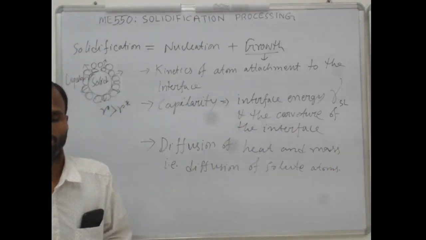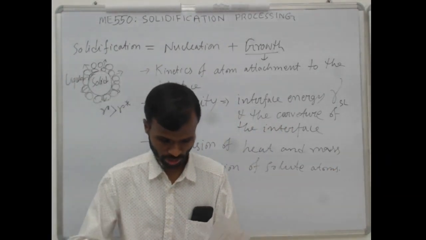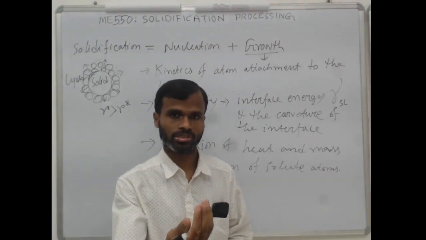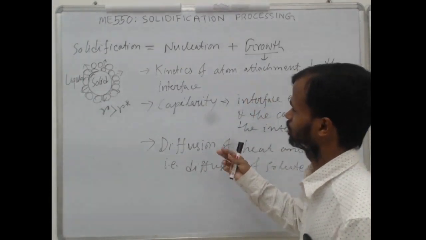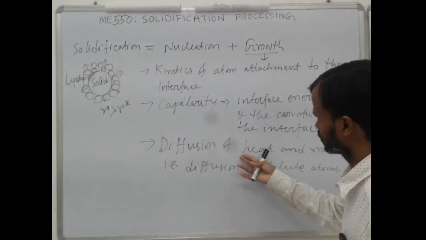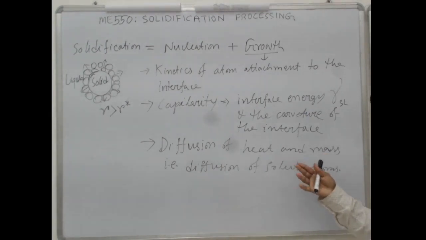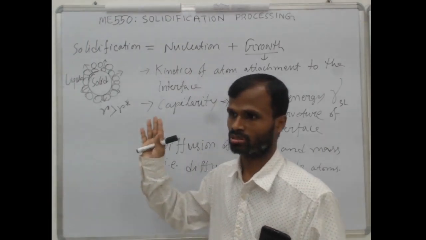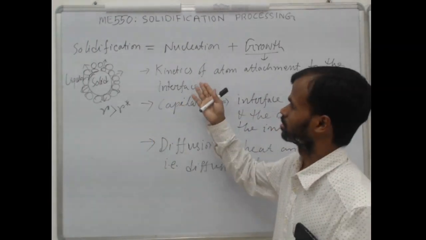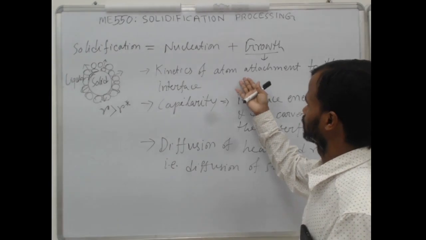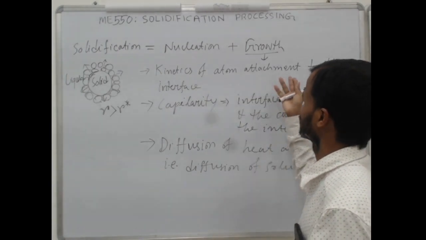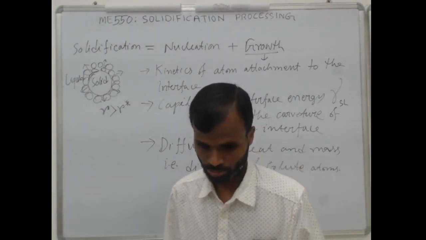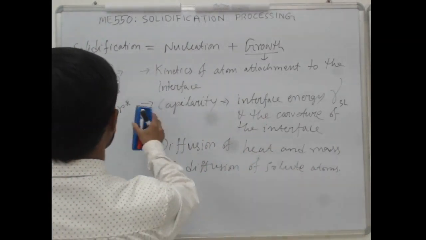If you have an alloy solidifying, then the diffusion of solute atoms will also influence the growth rate, as well as these other factors. Especially this diffusion plays a very important role. But most of the growth rate equations are derived in a simple way by studying the kinetics of atom attachment and detachment at the interface. So these are the factors you have to remember.